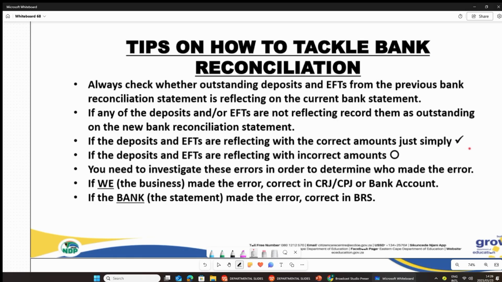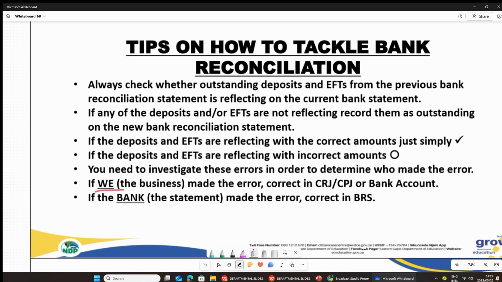If any deposits and EFTs are reflecting with the correct amount, very important, then you simply tick them off. If the deposits and EFTs are reflecting, but with incorrect amounts, you circle those amounts, because you will need to reconcile them and fix them. You also need to investigate these errors to determine who made the error. Was it our business or was it the bank?